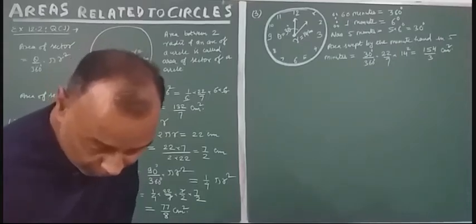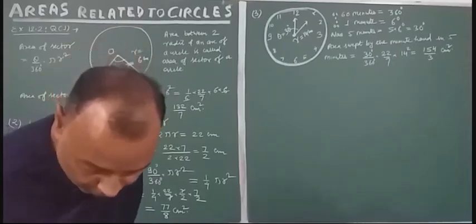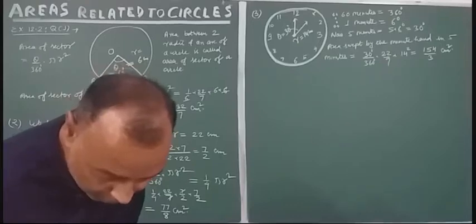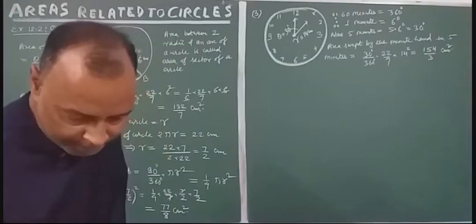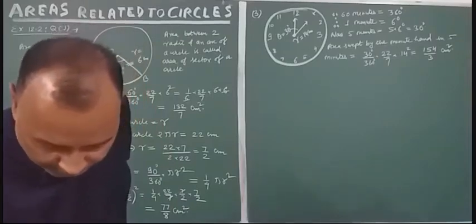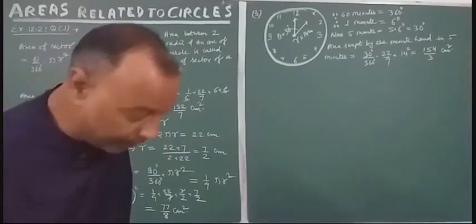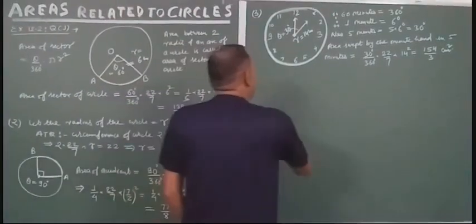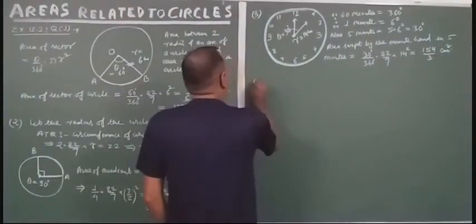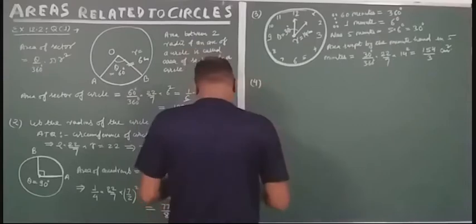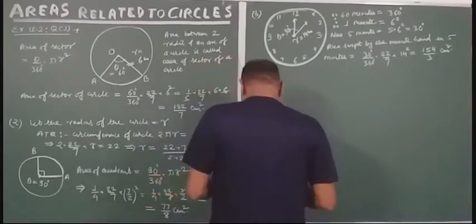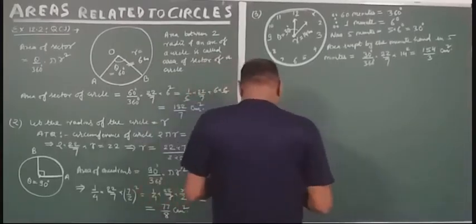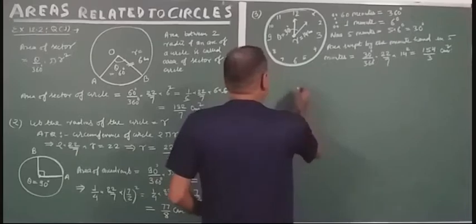Now, this is question number 4. A chord of a circle of radius 10 centimeter subtends a right angle at the center.